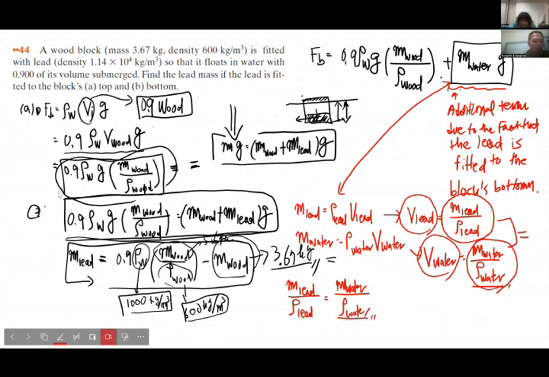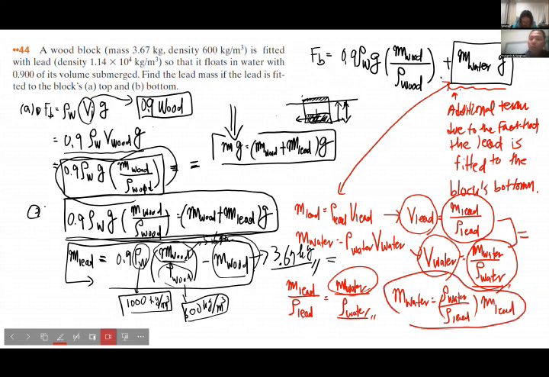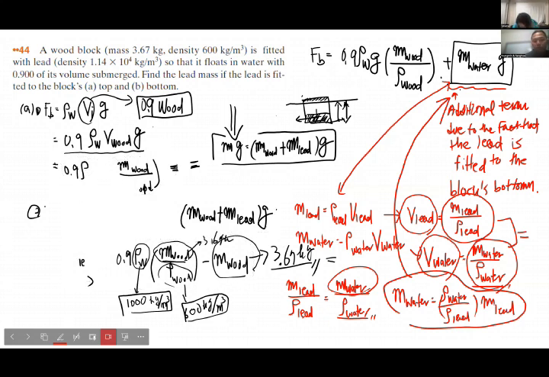Now, because of that, the mass of the water can be expressed with the mass of the lead and the densities of water and lead. That is density of water over density of lead times mass of lead. Got it? So if you plug that back into this formula, let me clean it up and remove some of this page. Okay, hold on.